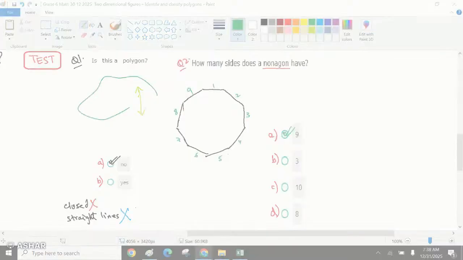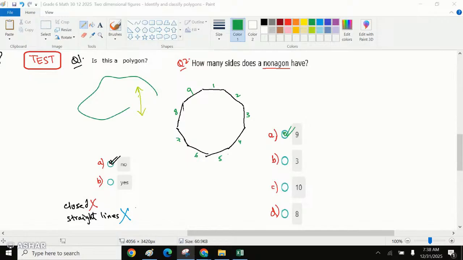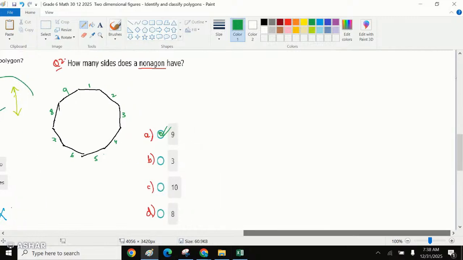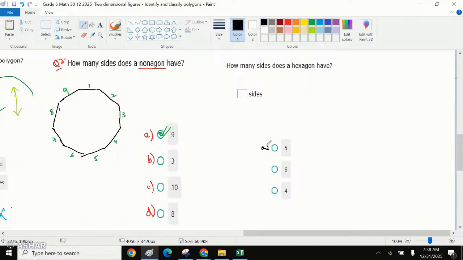The next question, we did a similar question, I would not help you out with. How many sides does a hexagon have? Can anyone give me the answer? How many sides are there in a hexagon? Hexa. We did hex already, right? Ashik, how many sides are there in a hexagon?